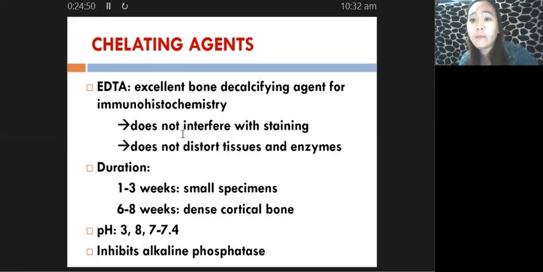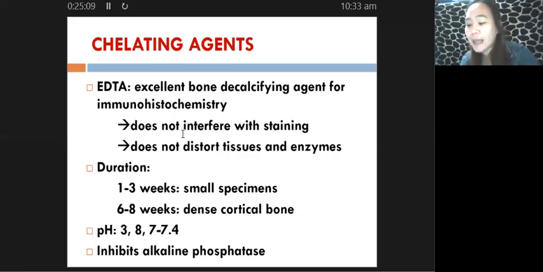For immunohistochemistry. Okay? So apart from that, other advantages of your EDTA, it does not interfere with staining, and it does not distort tissues and enzymes. So there is an exception to the rule when it comes to your enzymes. Okay?